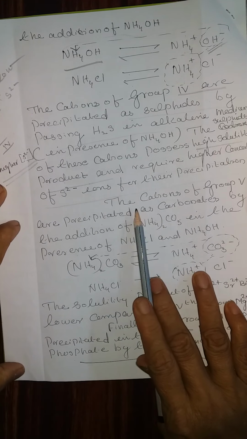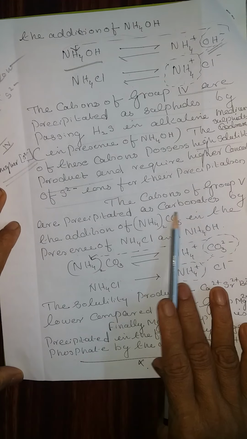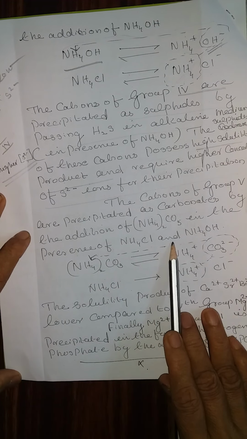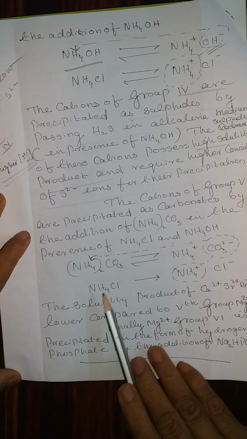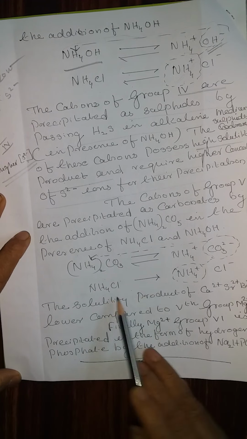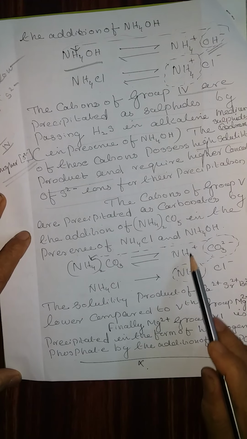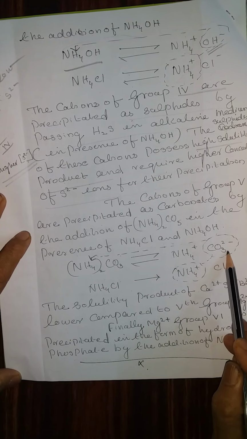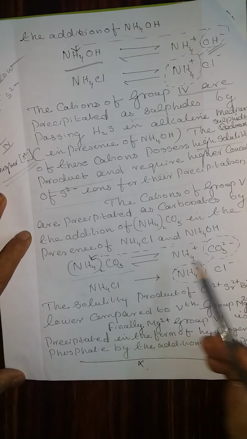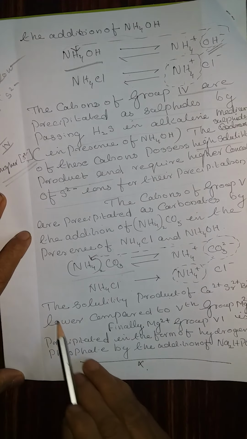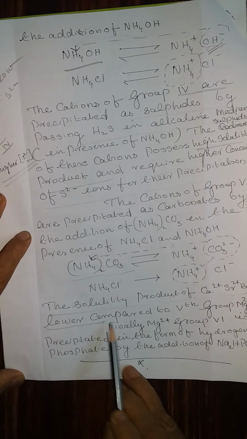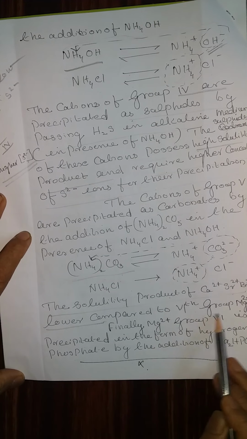The cations of group 5 are precipitated as carbonates by the addition of ammonium carbonate in the presence of NH4Cl and NH4OH. Here also there is the common ion effect: the common ion NH4+ combines with carbonate ion and forms undissociated ammonium carbonate, which reduces the concentration. The solubility products of calcium, strontium, barium are lower compared to the sixth group magnesium.